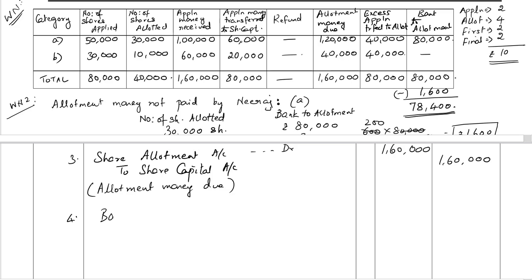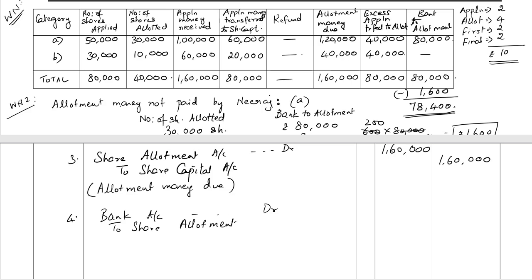Next entry, bank account debit to share allotment account for allotment money received.